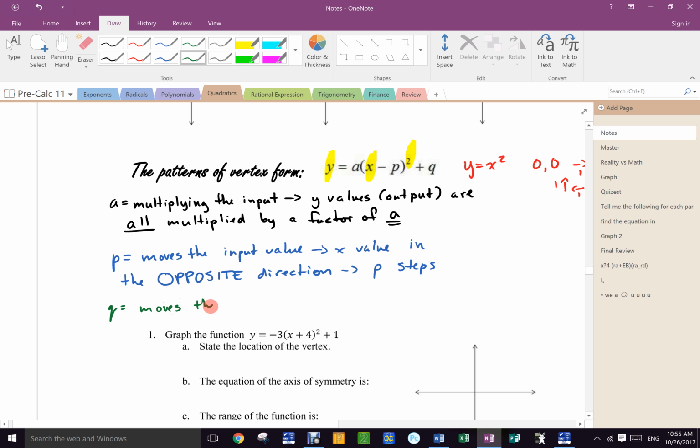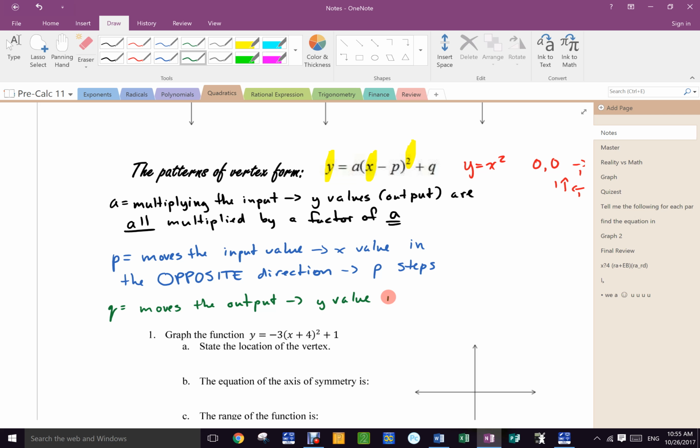It moves the output, which is the y value. Is it opposite or the same? Right. Because it's a positive, it moves the y value in the same direction.